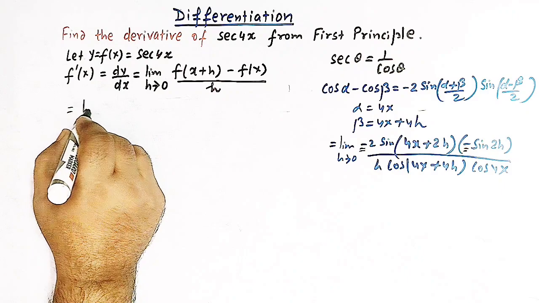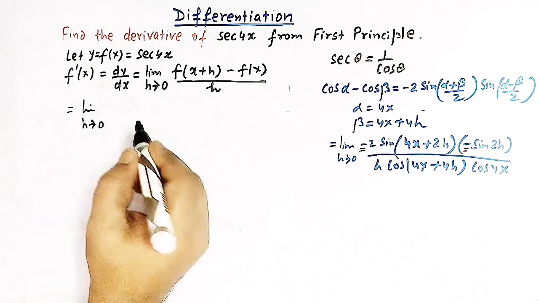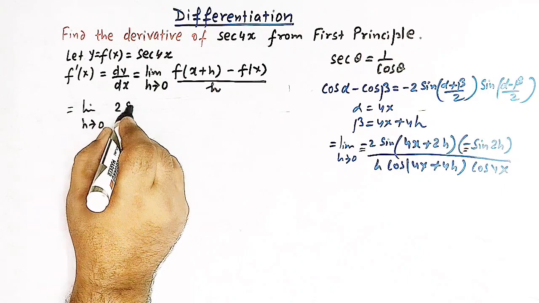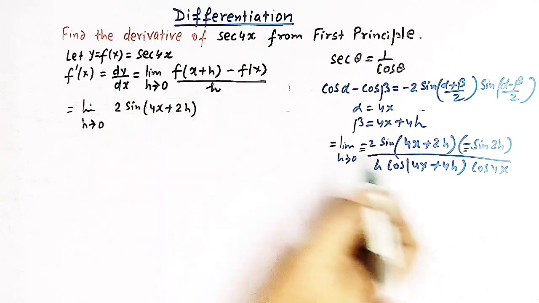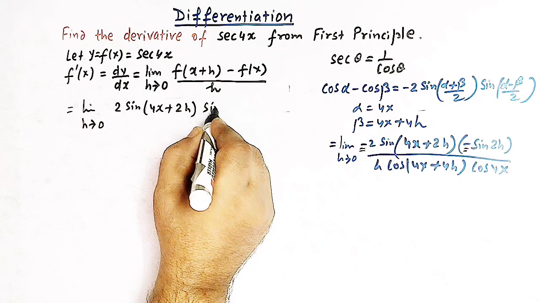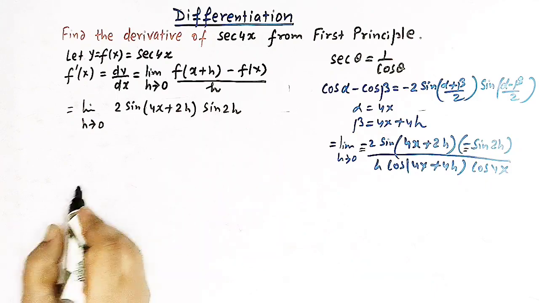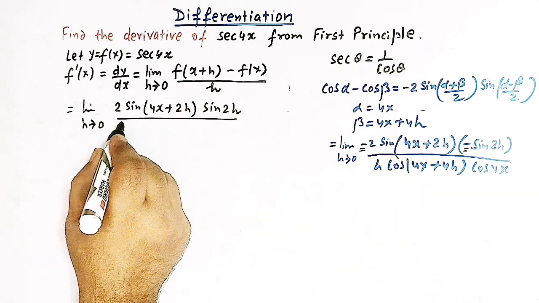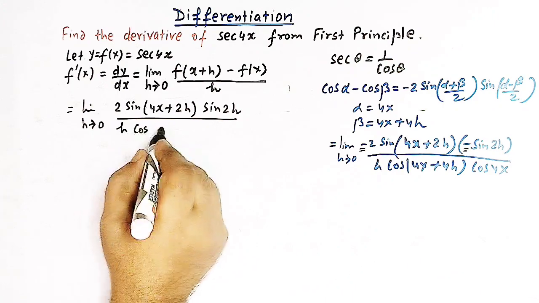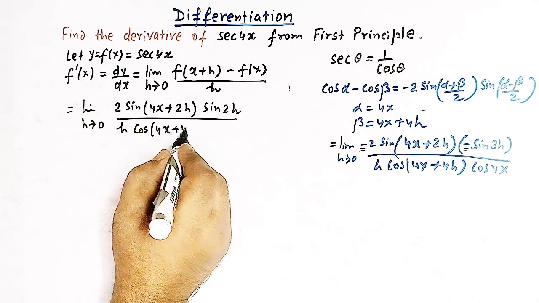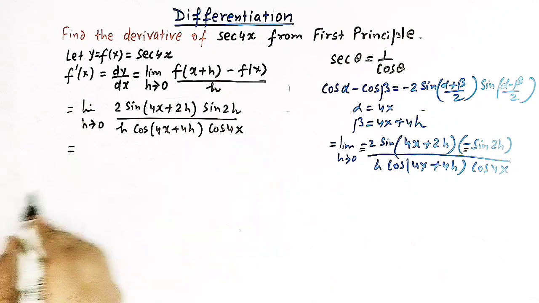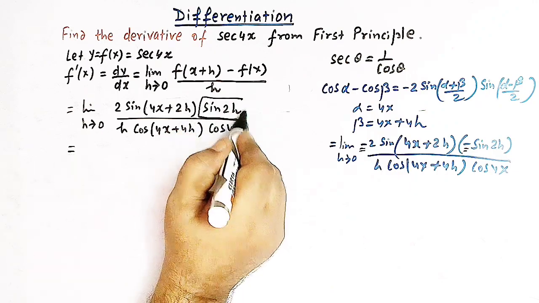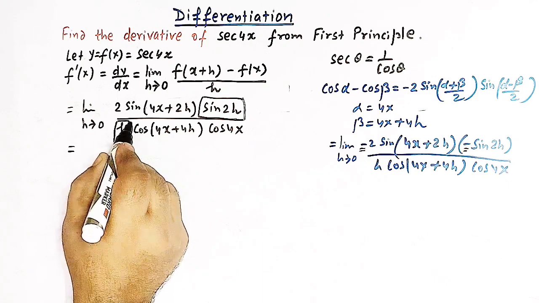So we have limit h tends to 0, 2 sine of 4x plus 2h, and then we have sine 2h, right? And in the denominator we have h times cosine of 4x plus 4h, and here we have cos 4x. Now see, here we have sine 2h, and here we have h.